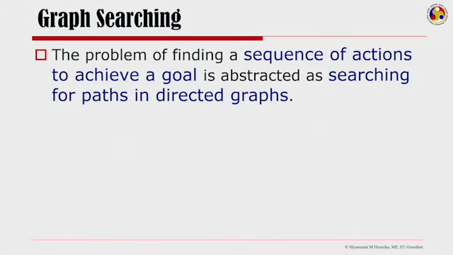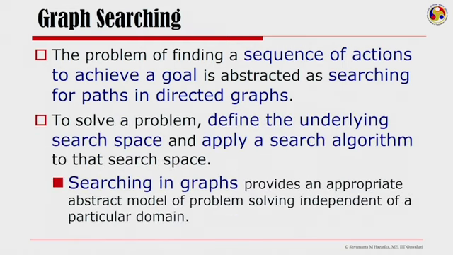So graph searching for problem solving, as state space search, is to find a sequence of actions to achieve a goal, or searching for paths in a directed graph. To solve a problem, we define the underlying search space and then apply a search algorithm.